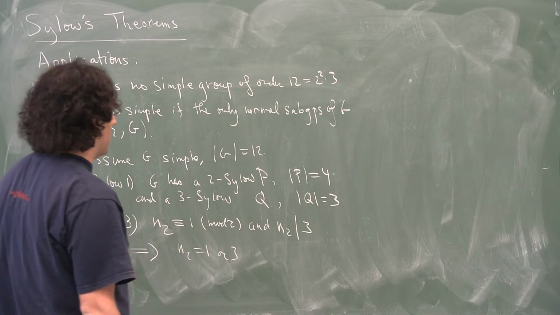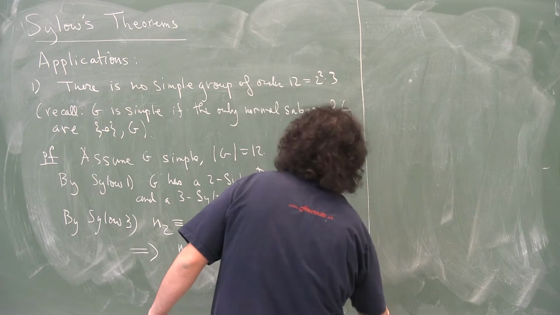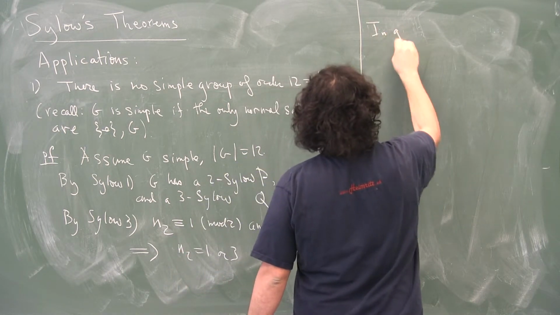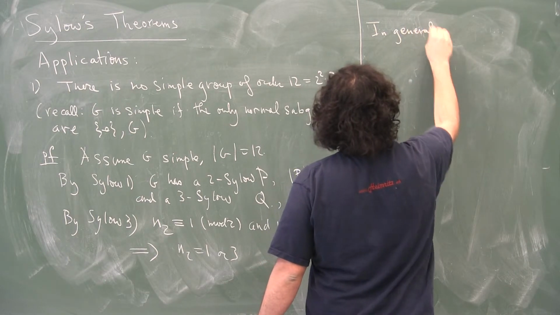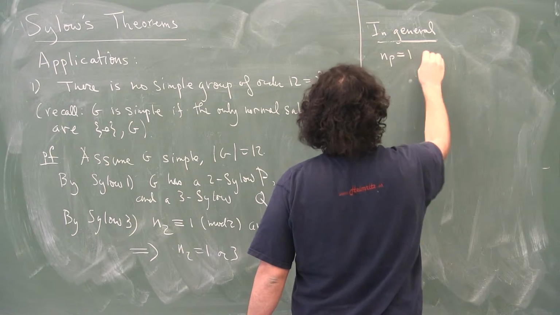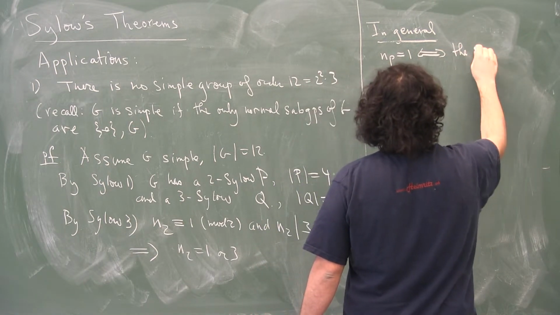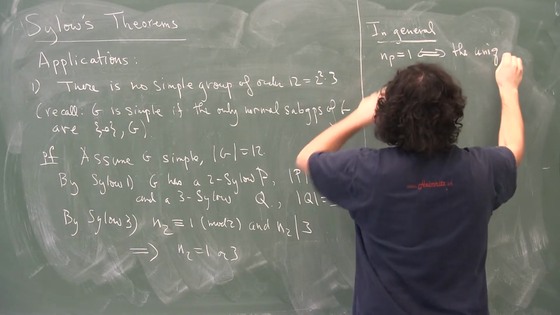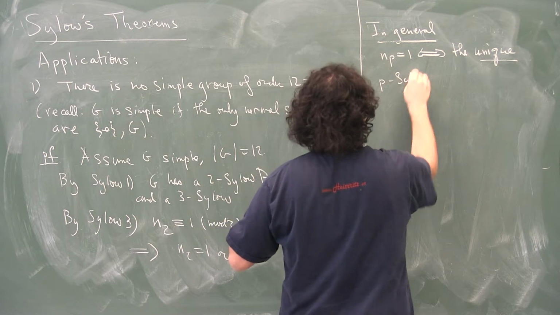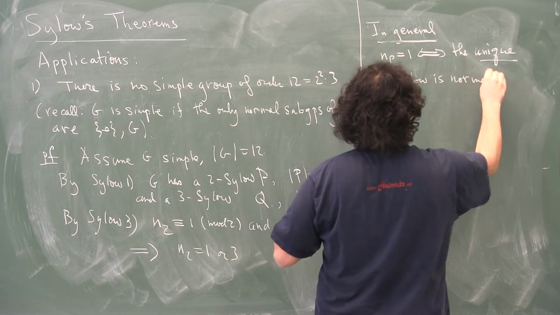But a general consequence of the Sylow theorems is that NP equals 1 if and only if the unique P Sylow is normal.